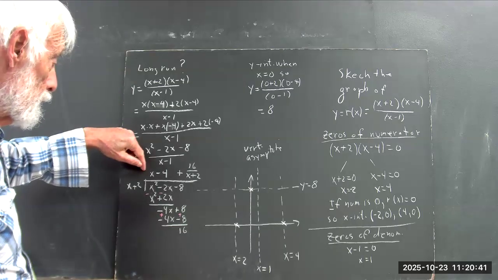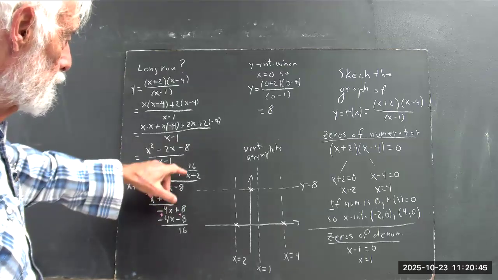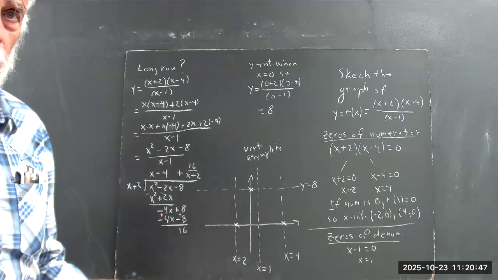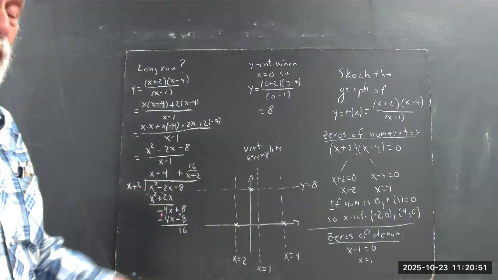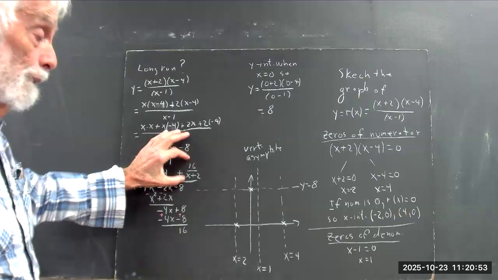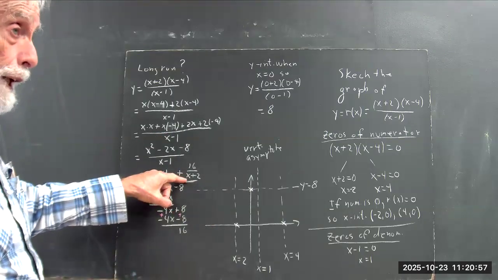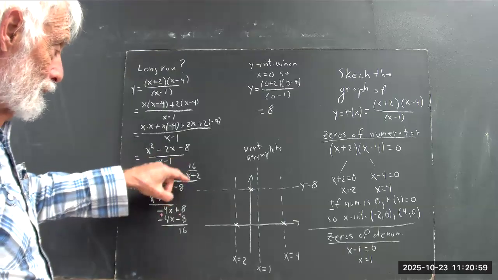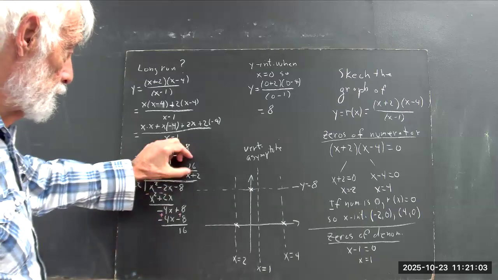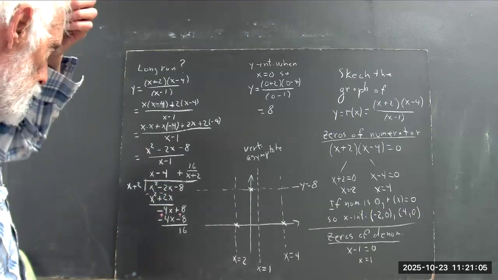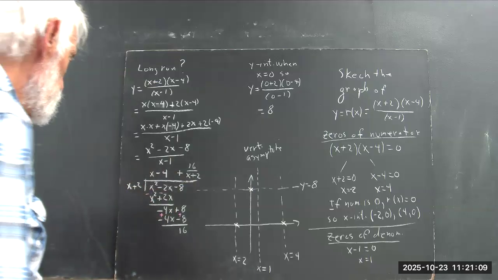Now, x minus 4, okay, when x gets really large, 16 over x plus 2 is going to approach 0. Because you're dividing by x, the bigger x gets, the smaller this quotient gets. The bigger x gets, the bigger your denominator, and it'll get huge compared to your numerator, which means it's going to be a very small fraction. So we don't worry too much about this, but we worry about the x minus 4.